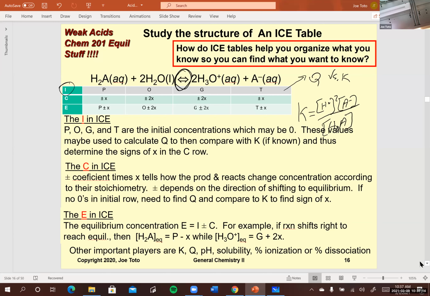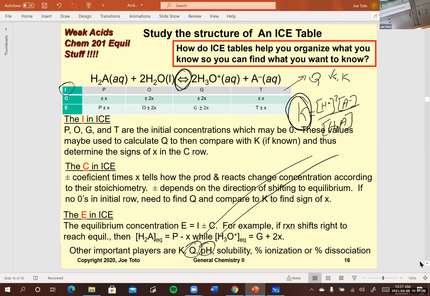These are for equilibrium reactions, not completion reactions. It's going to help you relate those equilibrium concentrations to the equilibrium constant from the law of mass action, as well as the other things we talked about, like the reaction quotient.